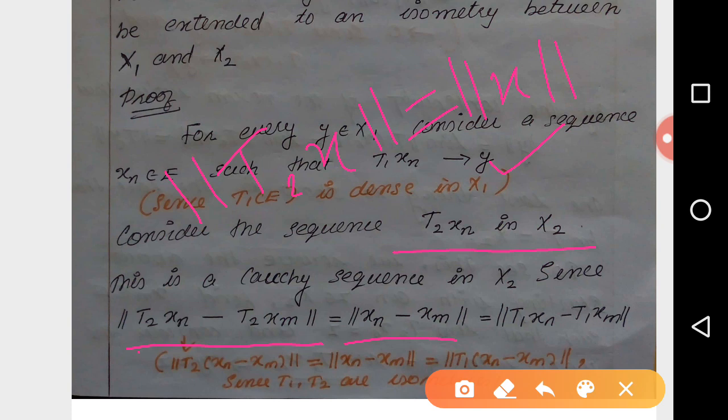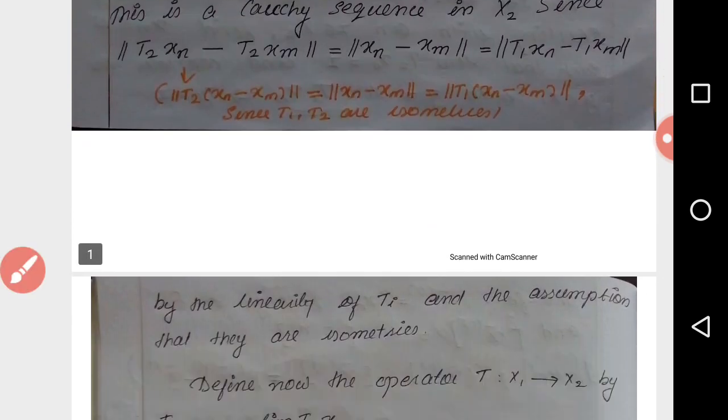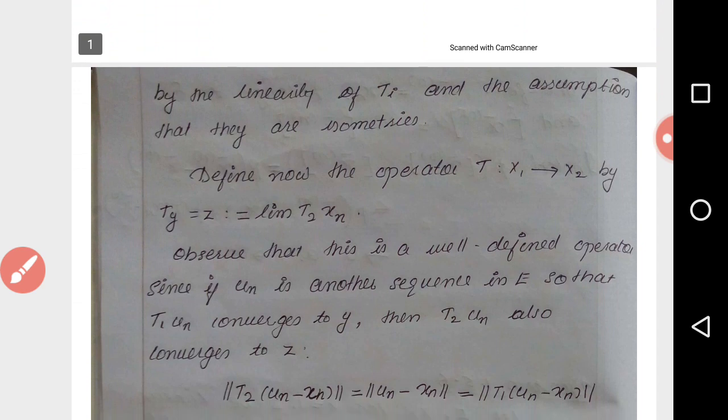Also, T1 is a linear isometry into, therefore by definition we can write the norm of T1 xn minus T1 xm. Since T1 xn converges to y, T1 xn minus T1 xm will be Cauchy, and therefore T2 xn will be Cauchy, by linearity of Ti and the assumption that they are isometries.